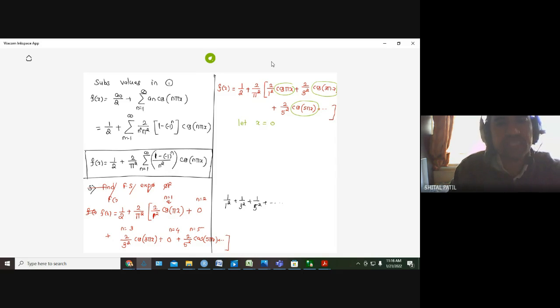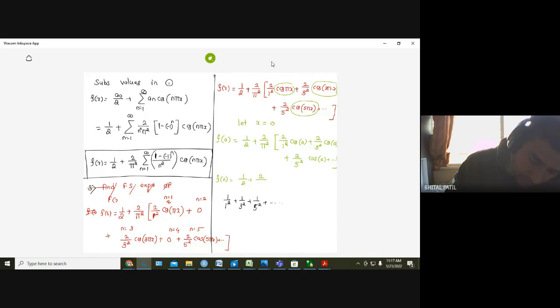Let us start with x equal to 0 and see what happens. f of 0 is equal to 1 upon 2 plus 2 by pi square, and cos of 0 is 1. So 2 divided by 1 square plus 2 divided by 3 square plus 2 divided by 5 square, and so on. I write more steps so that everyone understands; those who get it can skip these steps. I have to take care of each and every student.